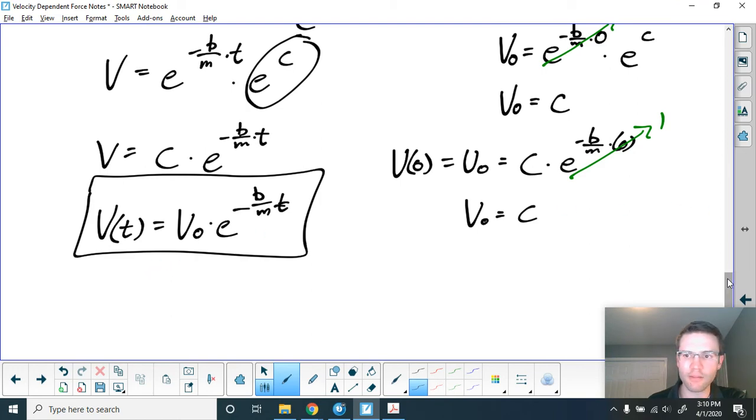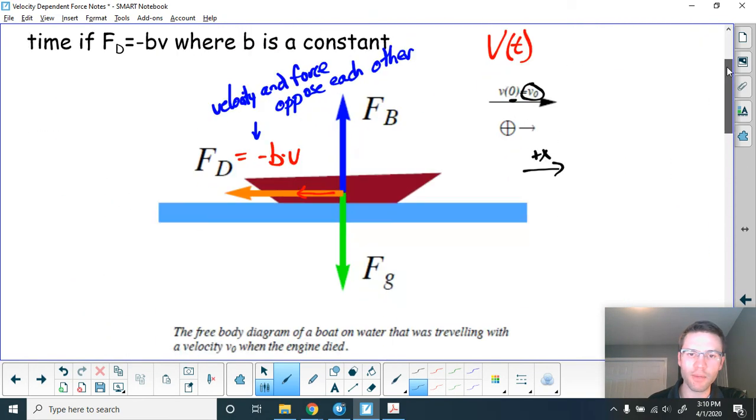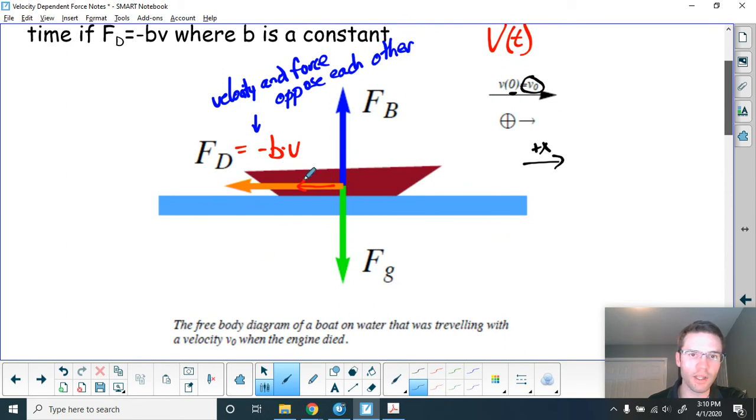And you might say that doesn't make sense because if you've ever experienced this, if a boat cuts its motor, it does reach 0. It comes to a stop. The reason why our function doesn't go to 0, but in reality the boat actually does stop, is because this estimate right here, my drag force equation, is an estimate that's based on velocity. It works good for high velocities. But as you get to extremely small velocities, this equation would say that the velocity would get really, really close to 0, which means my force would get close to 0.